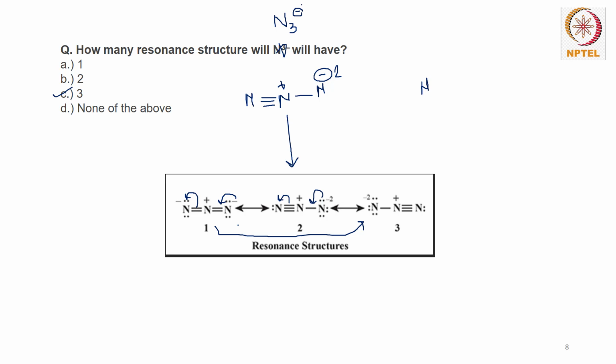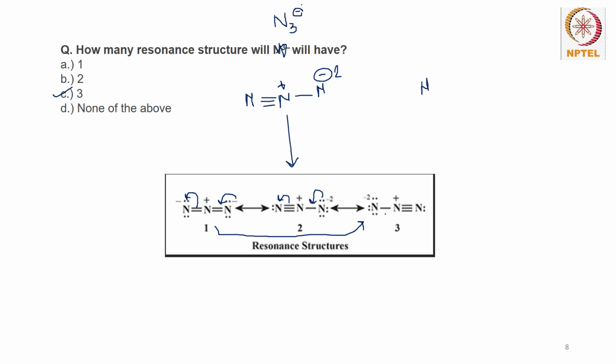What does it mean? The structure in which the charge is not on a specific atom, but more delocalized throughout the molecule, contributes more than the other structure. So here you can see, in this structure the charge is only localized on these 2 nitrogens. This nitrogen is neutral.